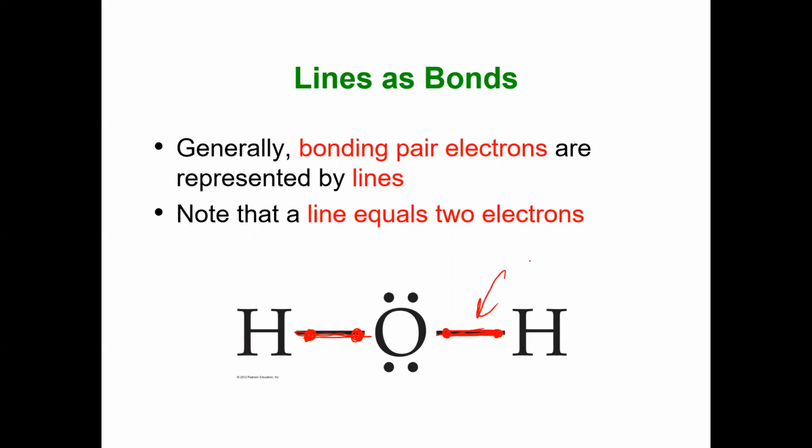So bonds or shared pairs are lines. Lone pairs, or unshared pairs, so these are not used for bonding, these are unshared, are represented as a pair of dots.